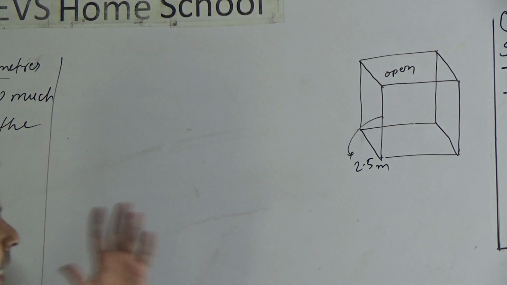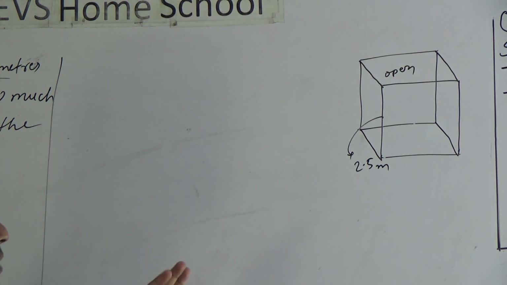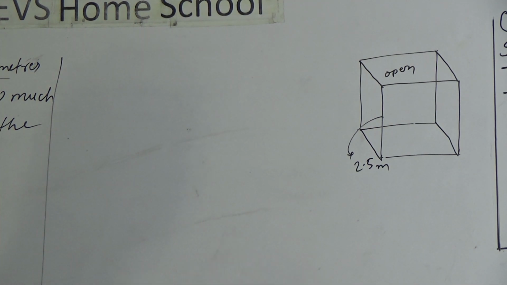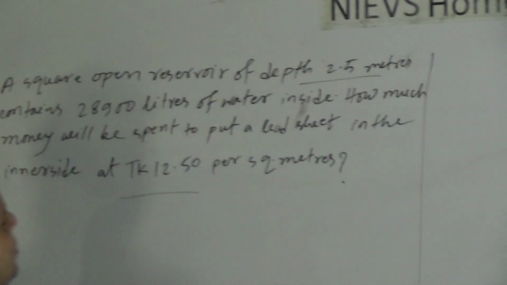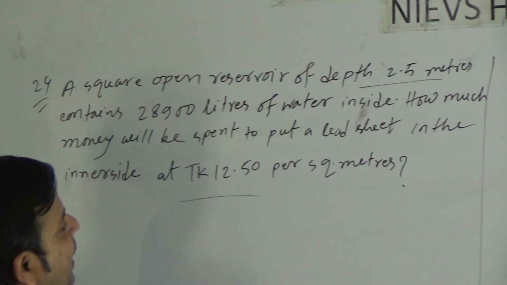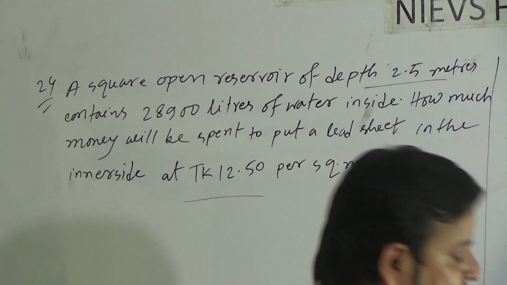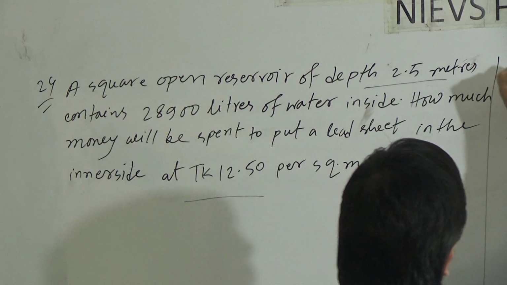Then if we get the total surface area of these 5 surfaces, we can multiply that area by the cost per square meter, 12.50, to get the total cost. Okay, dear students, so let us see how we can solve.